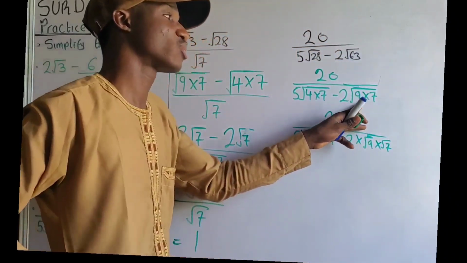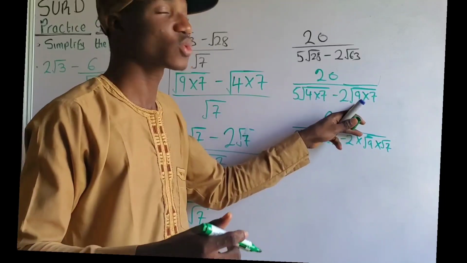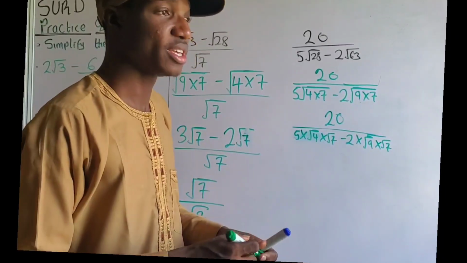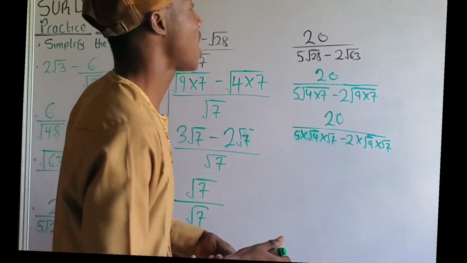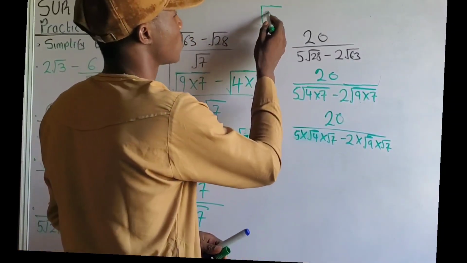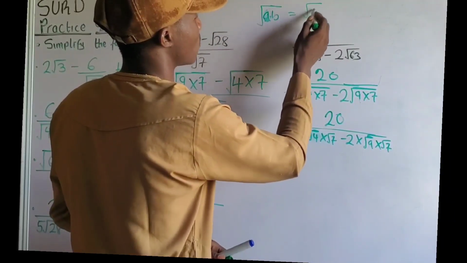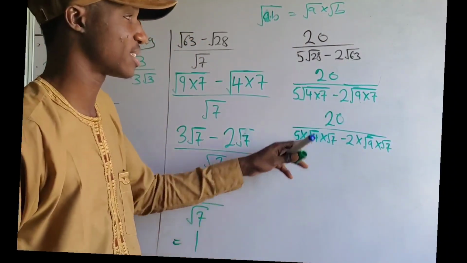I rewrote square root of 9 times 7 as square root of 9 times square root of 7. In the properties of surds that we learned in the previous class, I told you that the square root of a times b can be written as square root of a times the square root of b. So it is that property that I used here.